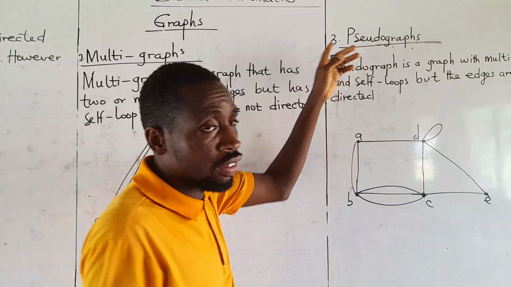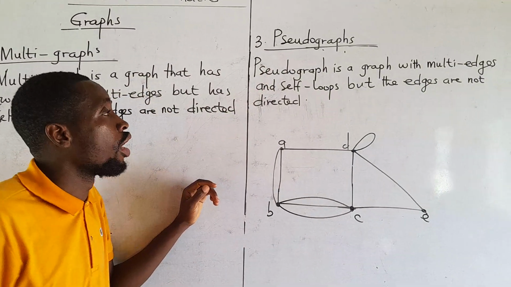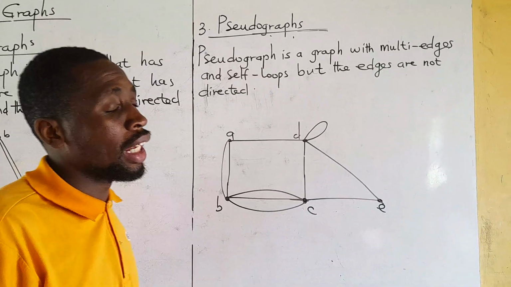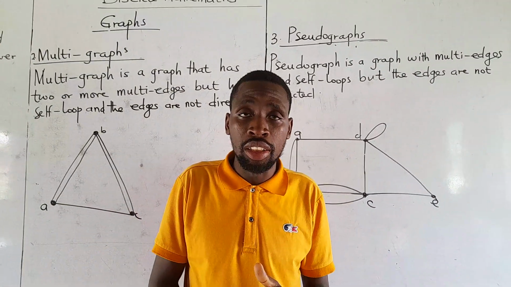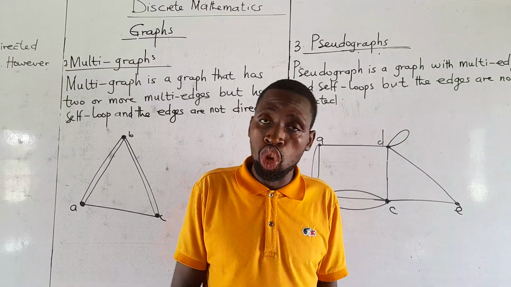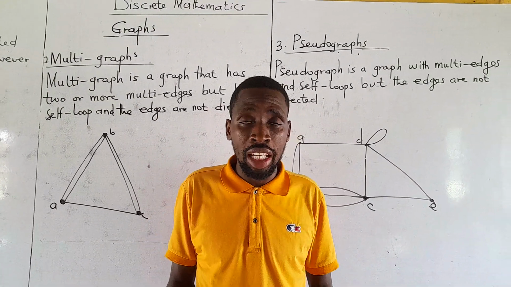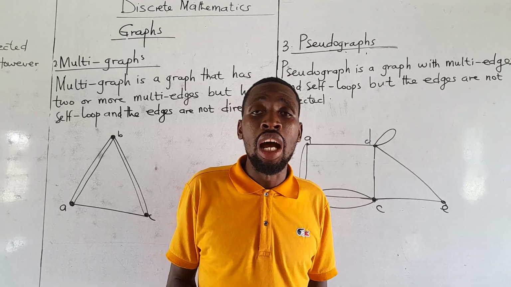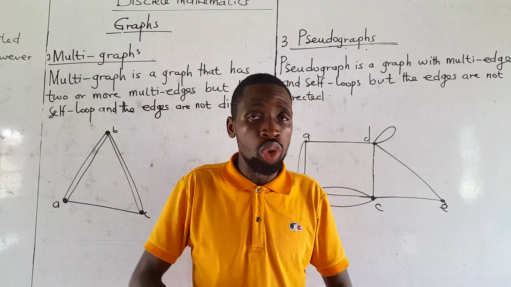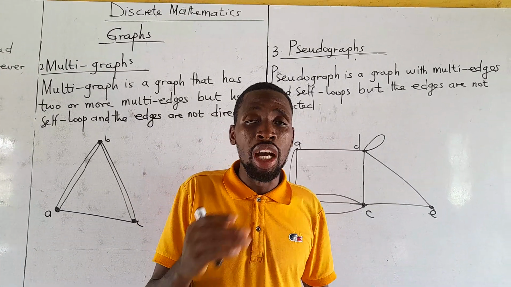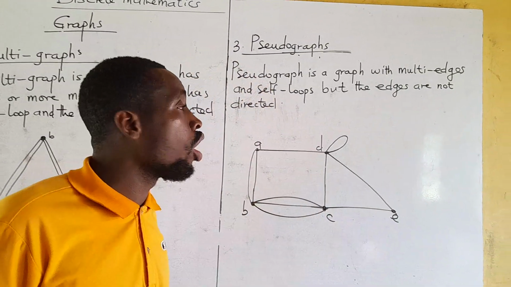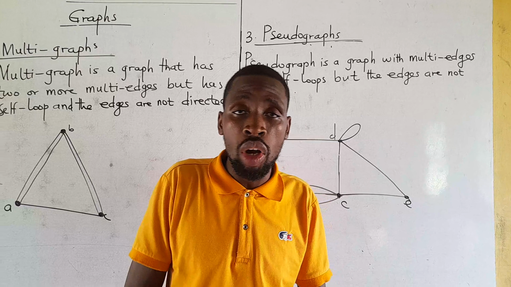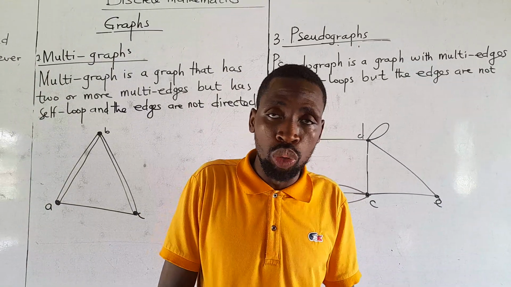Our next graph is called self-loop graphs. So remember in simple graphs, we say it doesn't have directed edges, no multiple edge, and no self-loop. But in multi-graphs, we have multi-edges, we don't have a self-loop, neither do we have directed edges. But in self-loop graphs, we can have multiple edges, we can have self-loops.